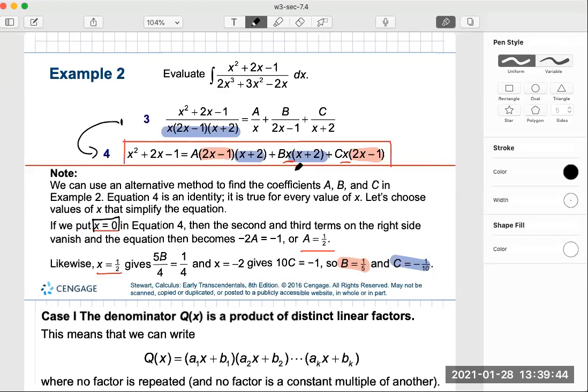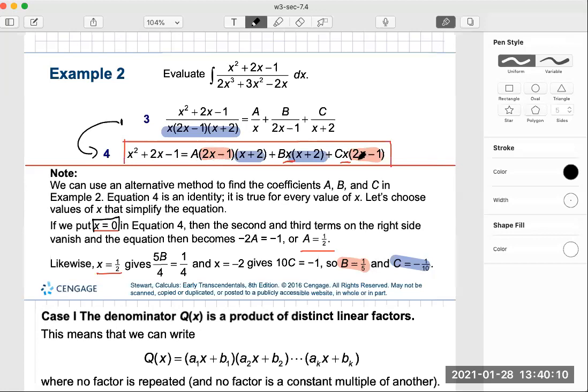Similarly, if we pick the solution of the term 2x minus 1 equal to 0, in other words x is 1/2, and substitute that value into equation 4, then A will disappear because A times 0 will be 0.